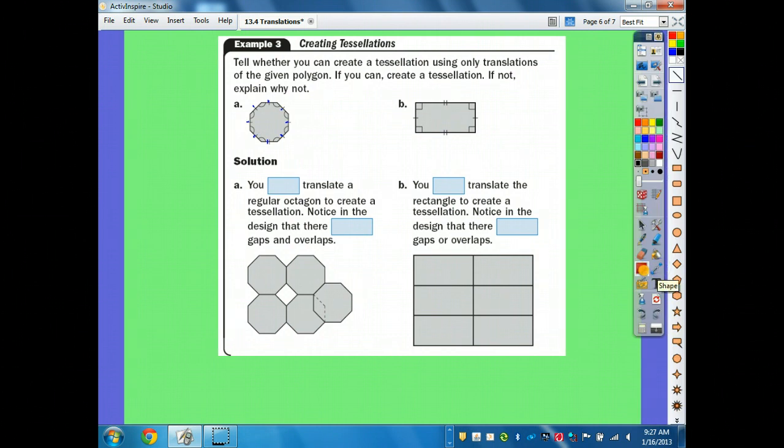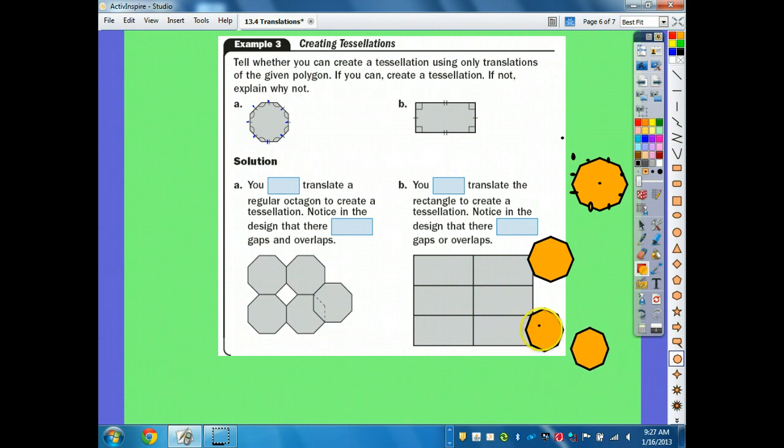Let's see, do I have an octagon in here? Is that an octagon? 1, 2, 3, 4, 5, 6, 7, 8. Yes, that's an octagon. Okay. I want to make another octagon. And another one. And another one. They have to be the same size.